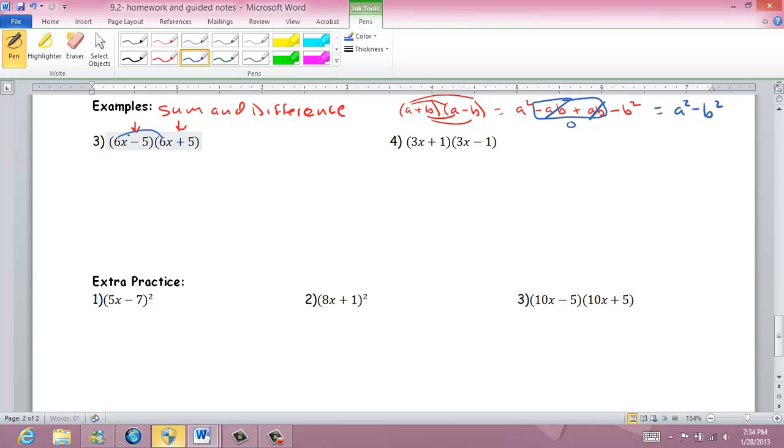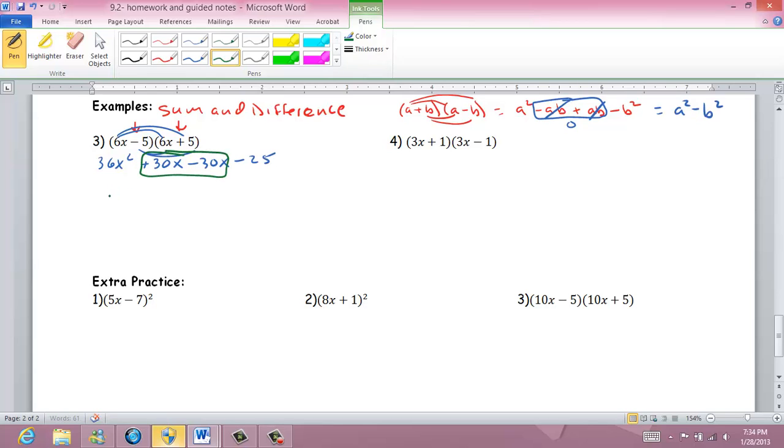So when I go to multiply this out, 6x times 6x, 36x squared, 6x times 5, plus 30x, negative 5 times 6x is minus 30x, and negative 5 times 5 is minus 25. Notice what happens here.